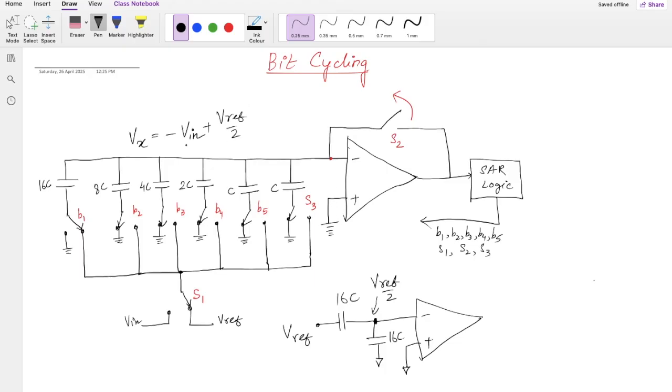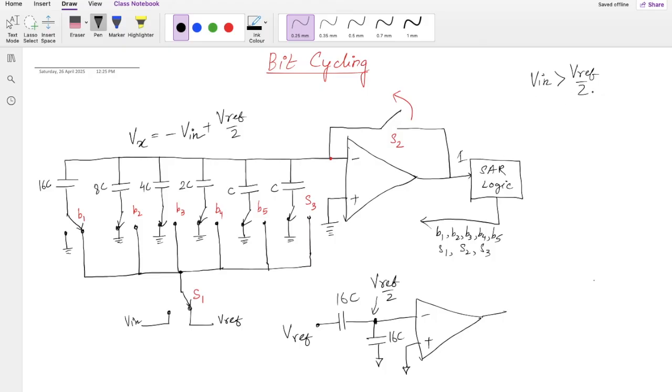So if my Vin is greater than Vref by 2, that means this voltage is going to become negative, because Vin is greater than Vref by 2. And because I am connecting this to this one negative, this becomes 1. So we are now trying to do this comparison.